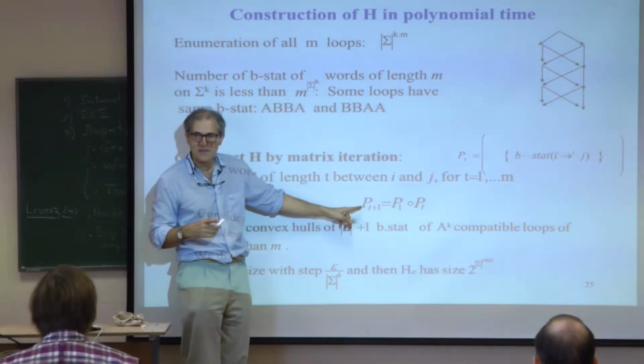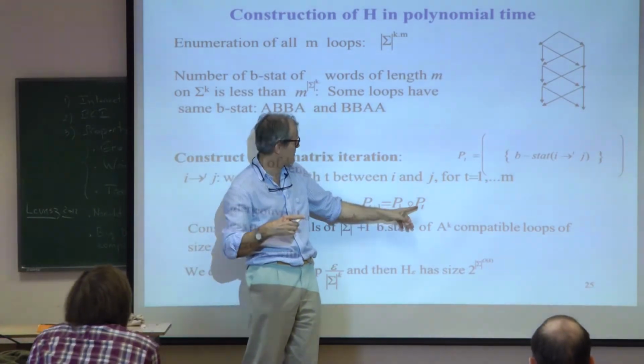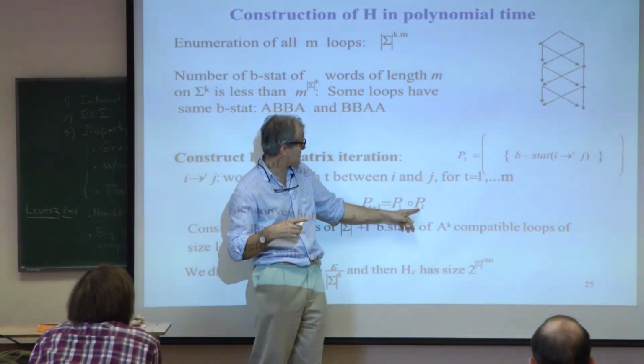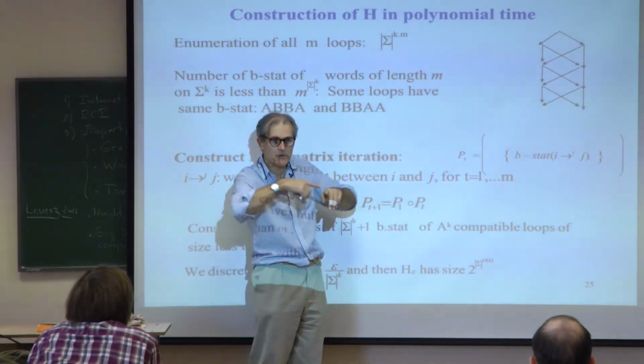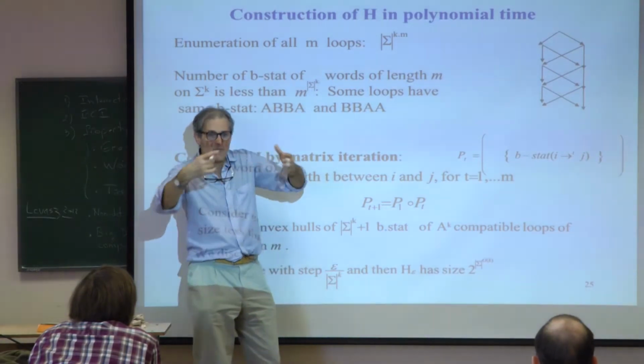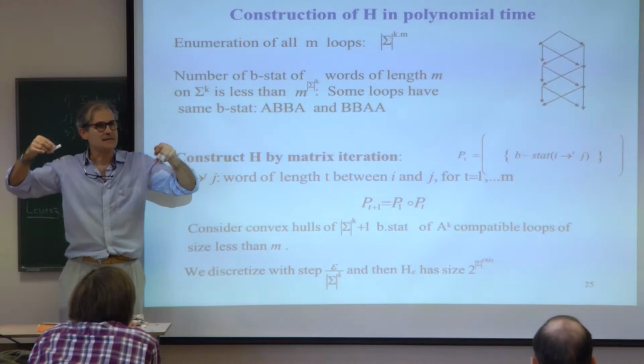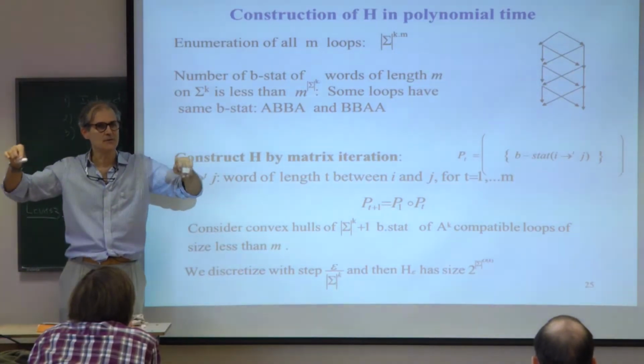In this matrix multiplication, I imagine that I'm multiplying one step further, so I have the matrix at step t for paths of length t. I do one step more of matrix multiplication, but my key components are sets of statistics. They're not sets of simple loops.